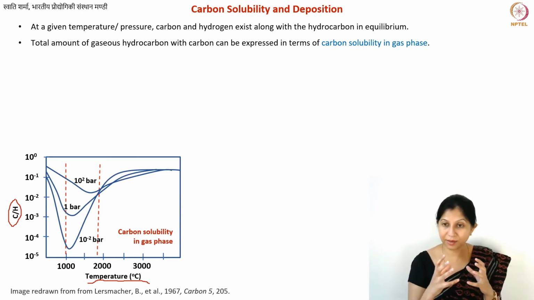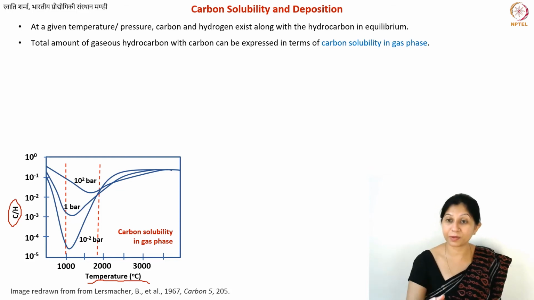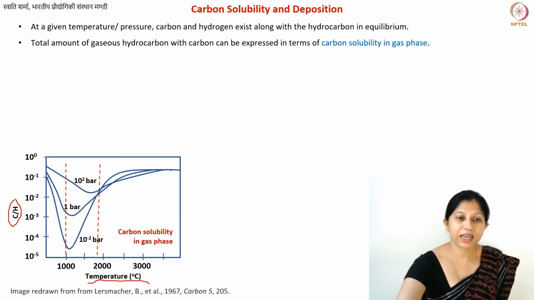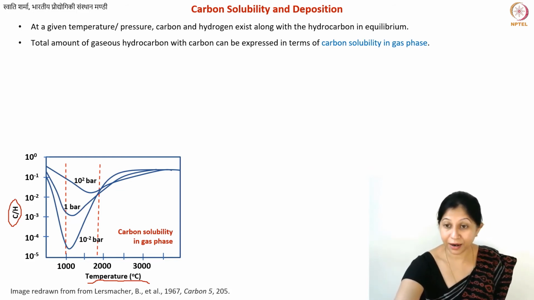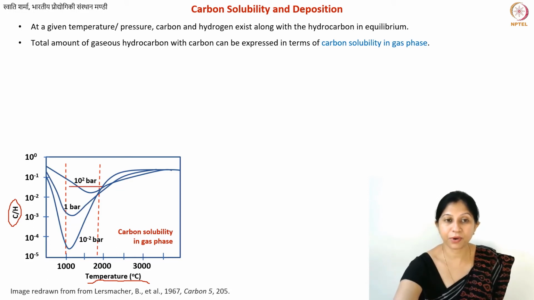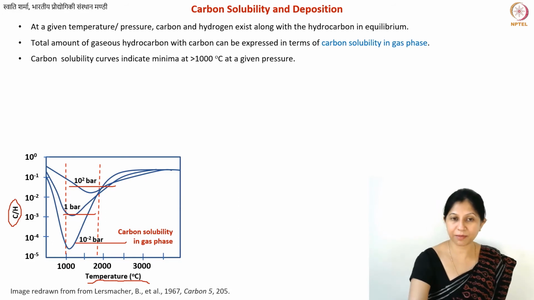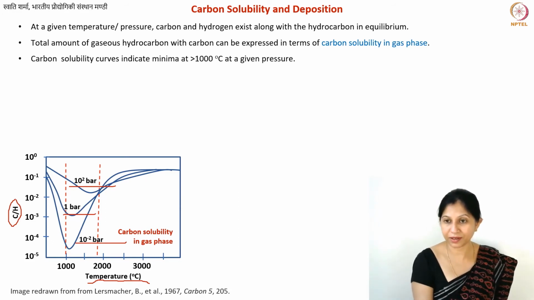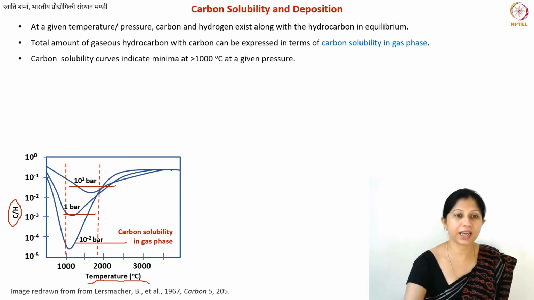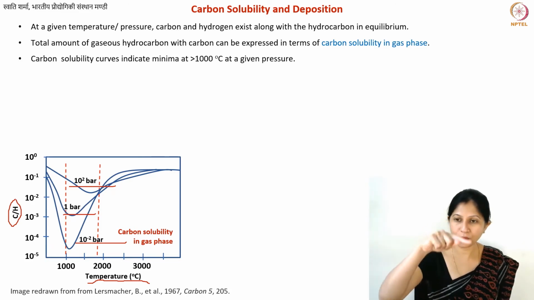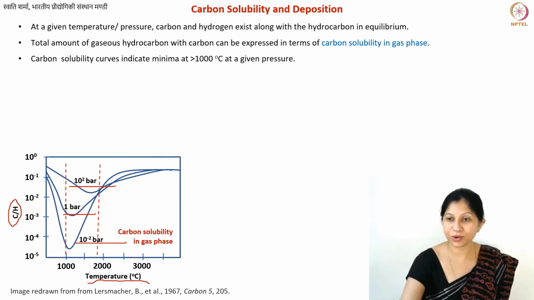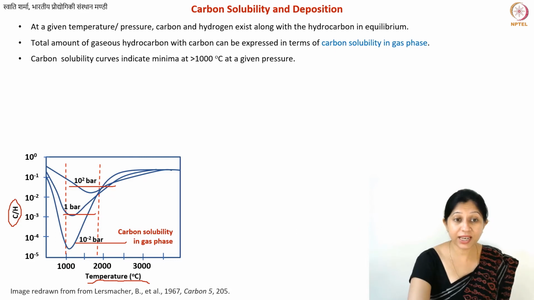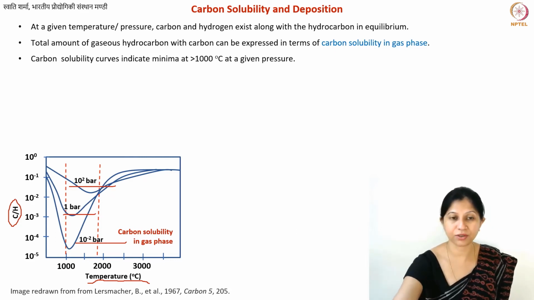This is the part where we are going to do the deposition. There are different curves at different pressure values, known as the carbon solubility curves in the gas phase, and all of them show a certain minimum, which is different at different pressures.